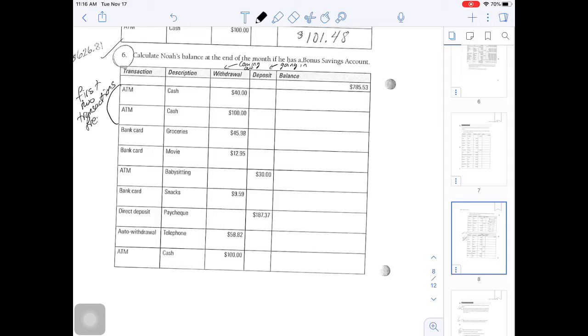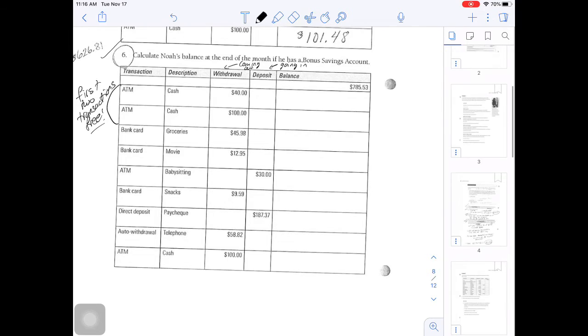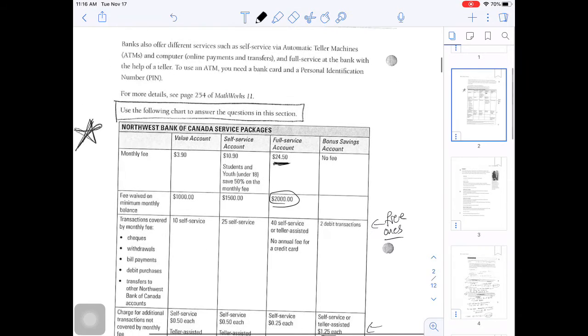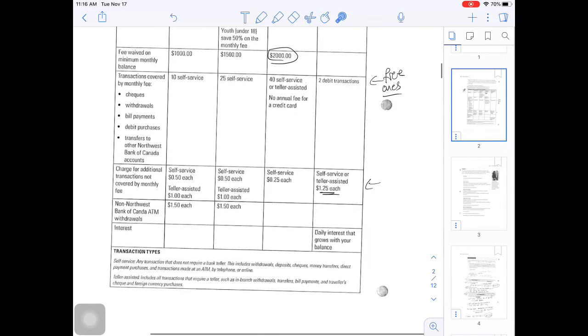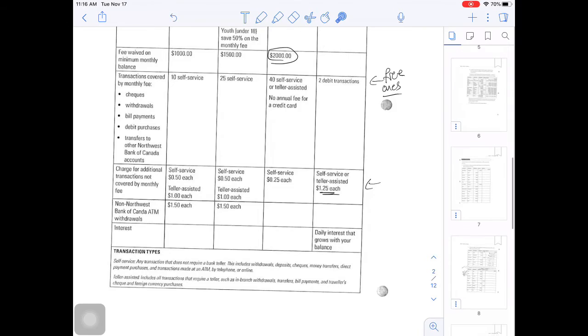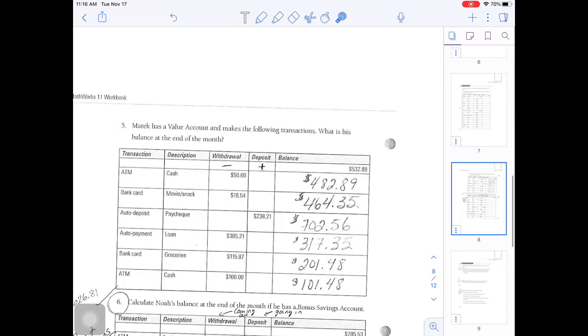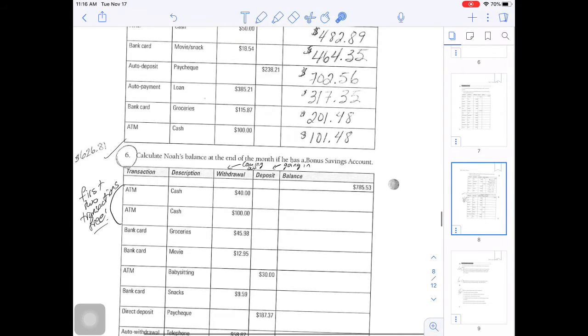And remember, why is that? Because if we go back to our table here, the first 2 debit transactions are free. And these are covered by checks, withdrawals, bill payments, and so on. So what she's doing there, as we can see, is she is taking money out, okay? She's taking $40 out.